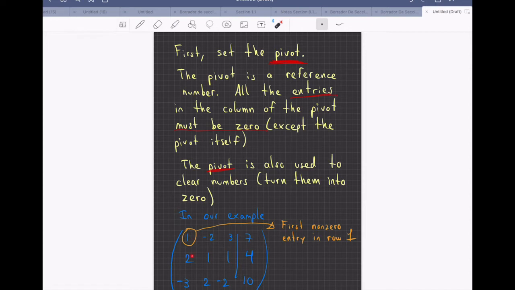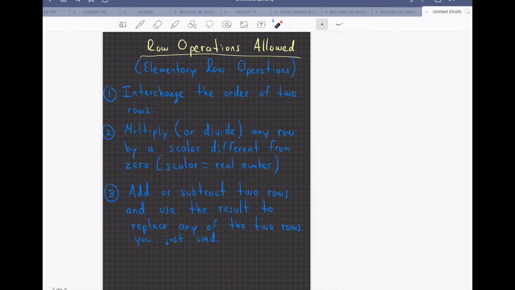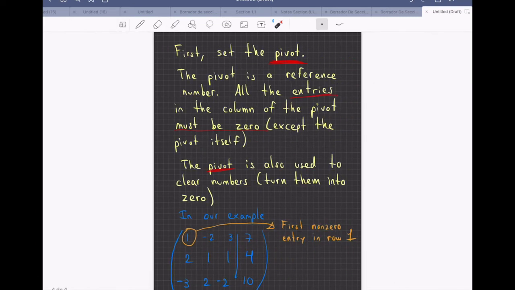For example, these 2 must be 0. I need to turn this into 0. But how? By using any of these operations. So how can I do it here? My recommendation is that you use the pivot and the number you want to change. For example, I have 1 and I have 2.